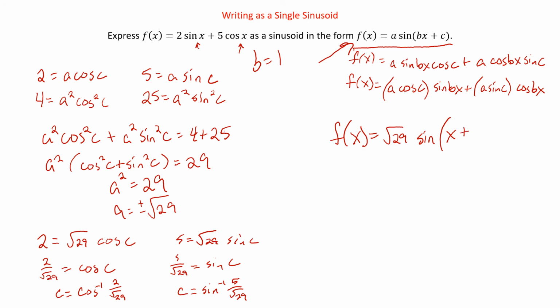I'm going to go with cosine inverse of 2 over root 29. So we just put those values back into that formula that we know it needs to look like, and that's what it is. Now in this case, I know it's easier to deal with the original than when we write it as 1, but the directions were expressed as 1, so that's what we do.